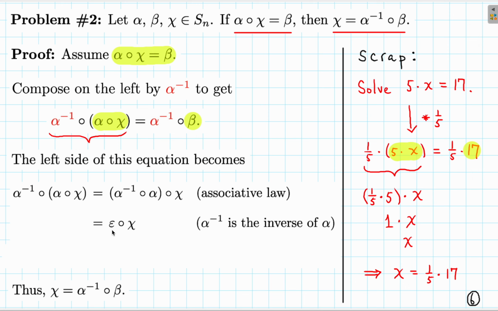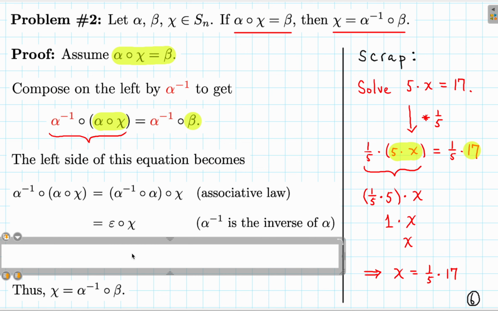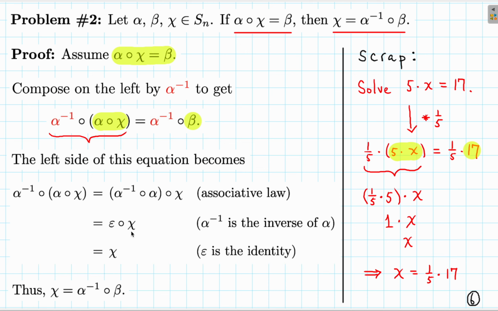And what's next? Well, epsilon times anything is that anything. And so in particular, epsilon composed with chi is just chi, because epsilon is the identity element. And so what we just showed is this entire left side simplifies to just chi. And so by replacing this left side with chi, we get chi is equal to alpha inverse composed with beta, which is what we wanted to show.